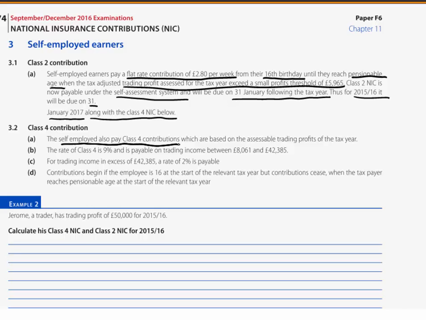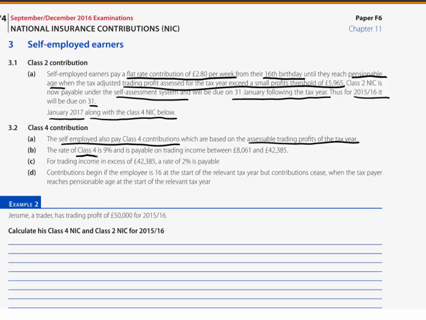But the self-employed, as we've said, pay Class 4, again based on the assessable trading profits assessed within the tax year. Again, as with your employees, there is a lower limit of 8,060 and an upper limit of 42,385. You'll see that on your rates and allowances page, no doubt next to you, indeed you're looking at it as I speak.